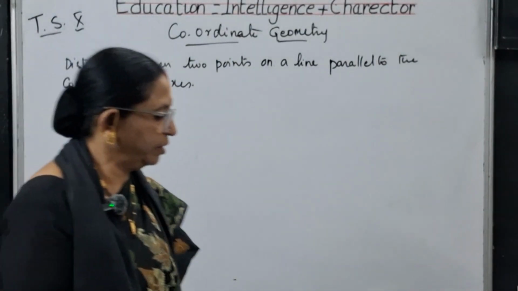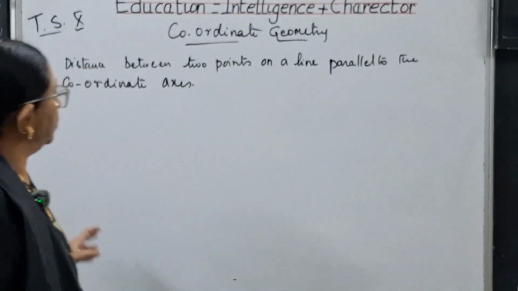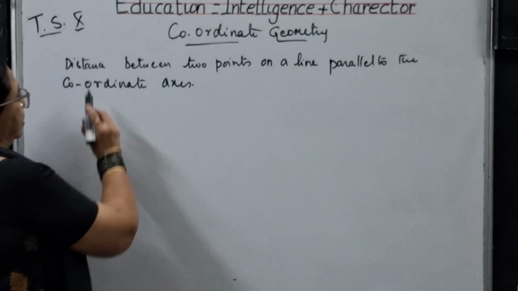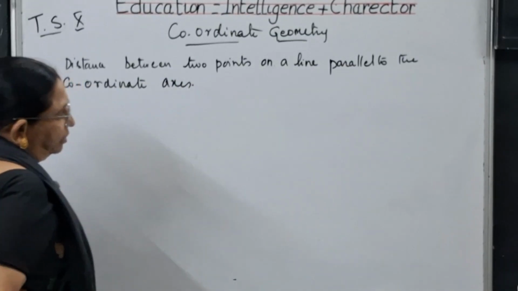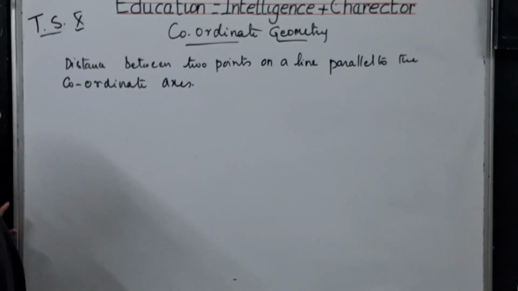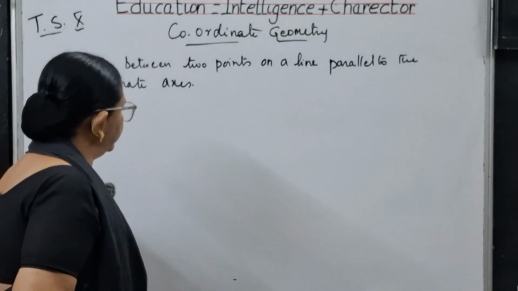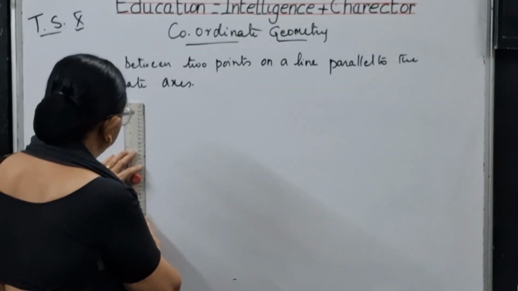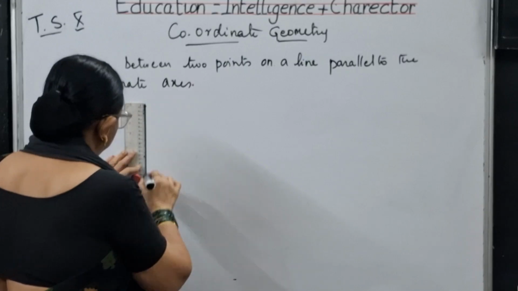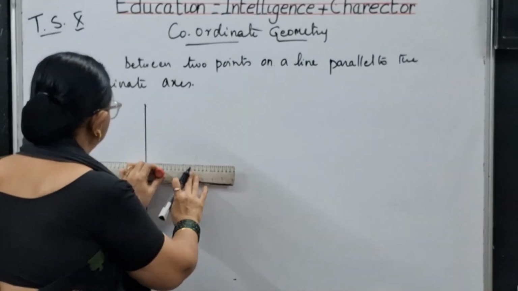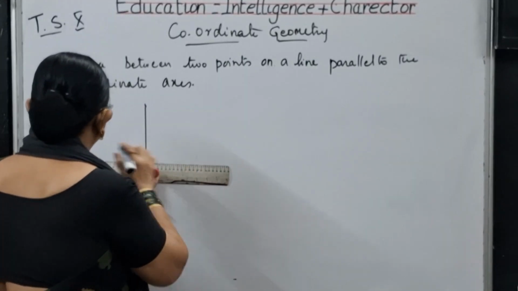Now the next part here is you are going to develop a formula for distance between the 2 points on a line parallel to the coordinates. Parallel to the coordinates means parallel to the x coordinate and parallel to the y coordinate, that is on x axis as well as on y axis.